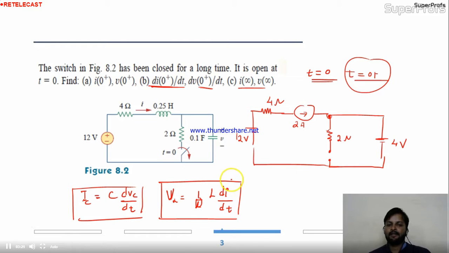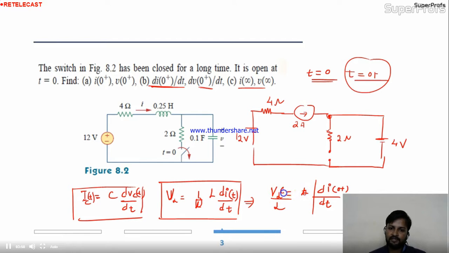Okay. Now friends, if you see this carefully, they are asking for dI0+/dt. This is a function of t. Now my task is to find dI0+/dt. So what is the value of this?